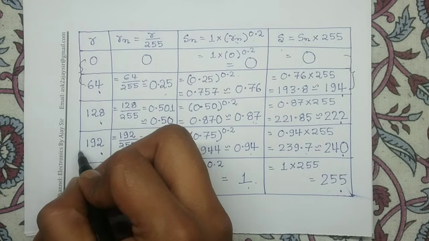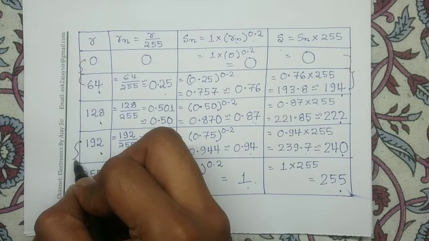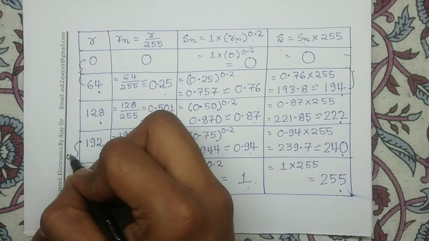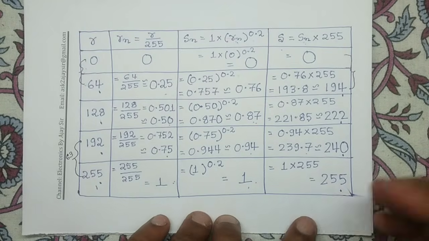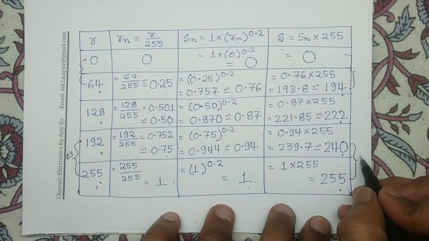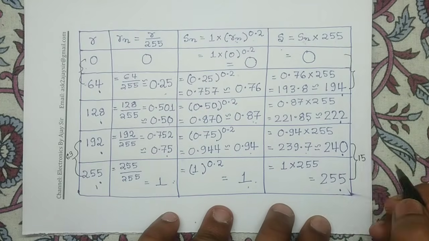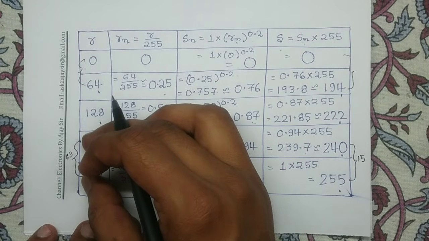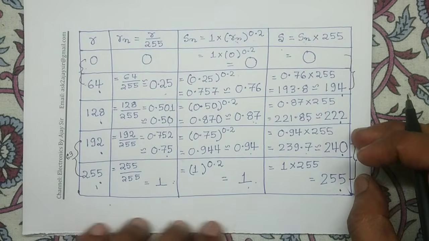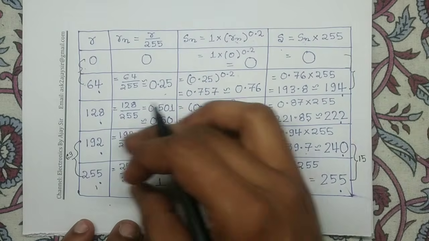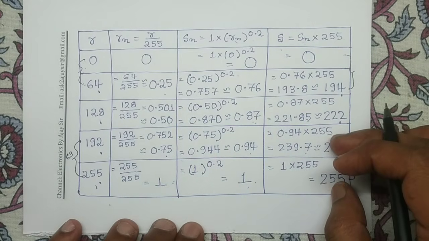But look at the bright side: when R varies from 192 to 255, my difference is 63, but in the output side, it varies from 240 to 255, and here my difference is only 15. So input side R, the difference is 63, output side the difference is only 15. So here I am compressing the bright pixel values.